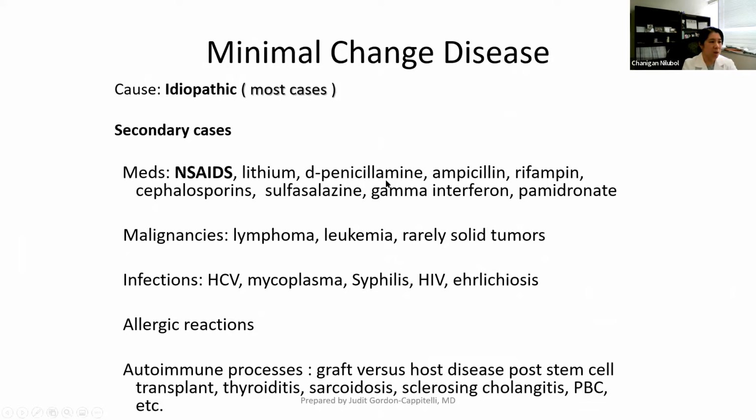Some of these medications are often used as a treatment for rheumatoid arthritis. With the newer agents, that may not be so much the case, but some medications that have been described as a cause of minimal change disease before include pamidronate, which we don't seem to use much anymore, and interferon.